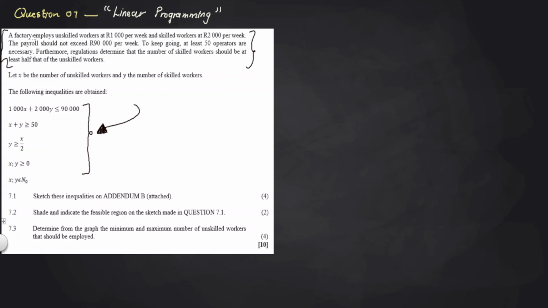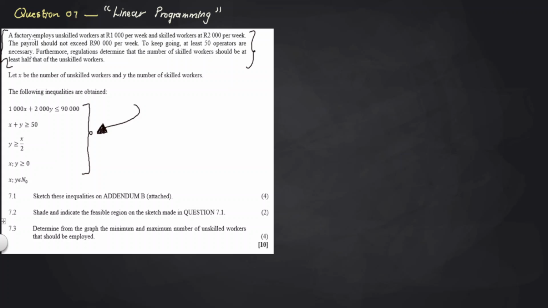So what the last statement is saying is that the number of skilled workers should be less than the number of unskilled workers. By how much? It should be half of the number of unskilled workers. Let X be the number of unskilled workers and Y the number of skilled workers.